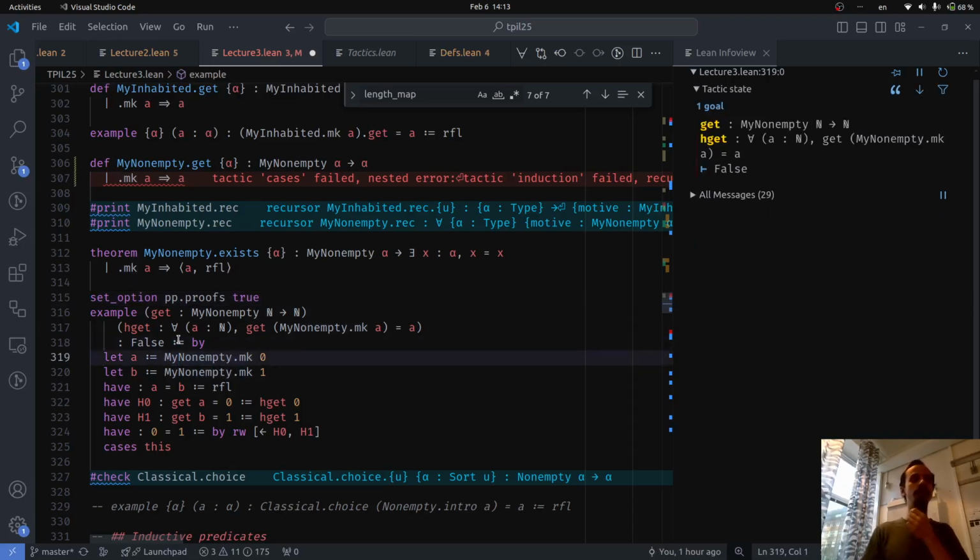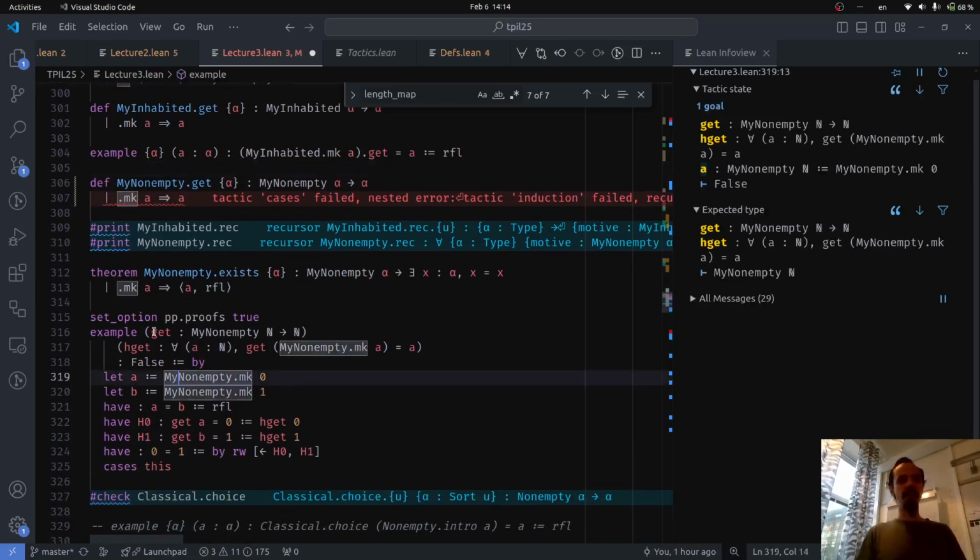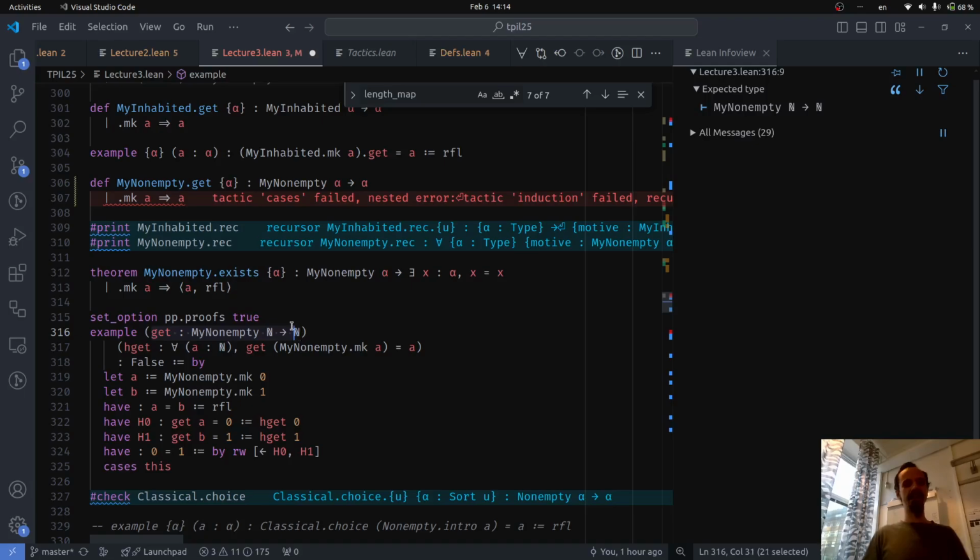Okay. Alright, so I actually wanted to demonstrate that this is critical for soundness. Let's suppose that Lean did allow this definition. What would happen? Well, we would get a definition that had this type, MyNonEmpty n to alpha to alpha, but in particular it'll work for n.